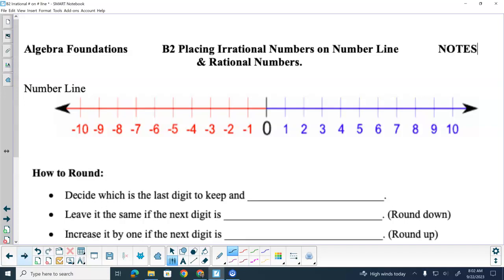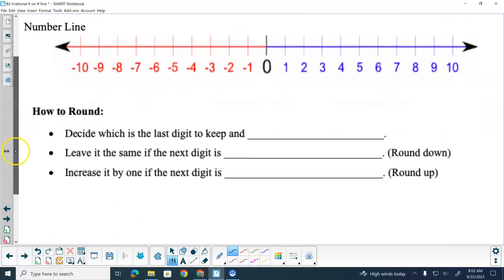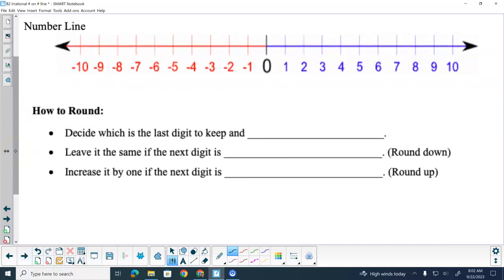When we're rounding, because the first couple of warm-ups are rounding questions, the first thing we have to do is decide which place value we're going to round to, and then we look to the next digit to the right.